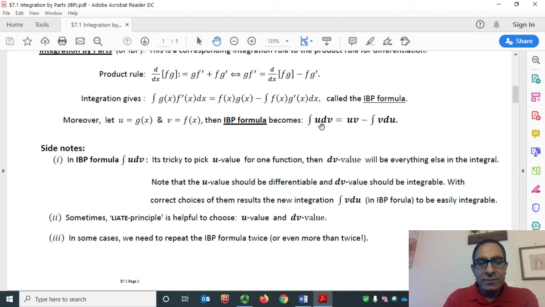If our integrand is a product of any two of these functions, we always pick the first one for u. For example, if I have a logarithm function and an algebraic function, then we pick u equals the logarithmic function. Side note number 3: in some cases we need to repeat the IBP formula twice or even more than twice.